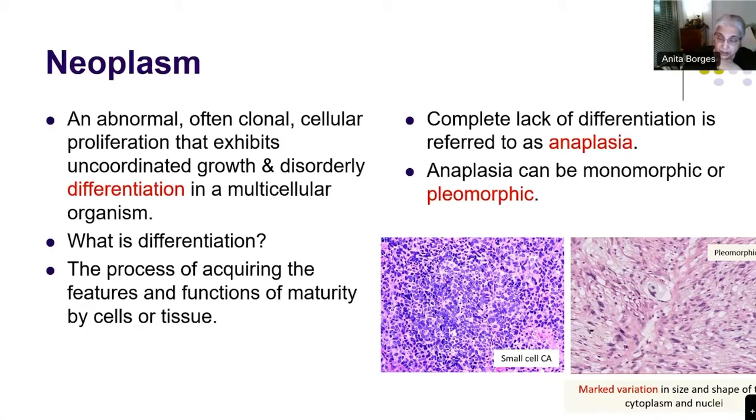Anybody over there can quickly give me one example of an anaplastic tumor? ALCL, ma'am. ALCL. All right. Okay. Anybody else? Now ALCL is a lymphoma, and yes, it was called anaplastic because it had marked variation. Anaplastic carcinoma of thyroid can. Very good. So you get an anaplastic carcinoma of the thyroid.